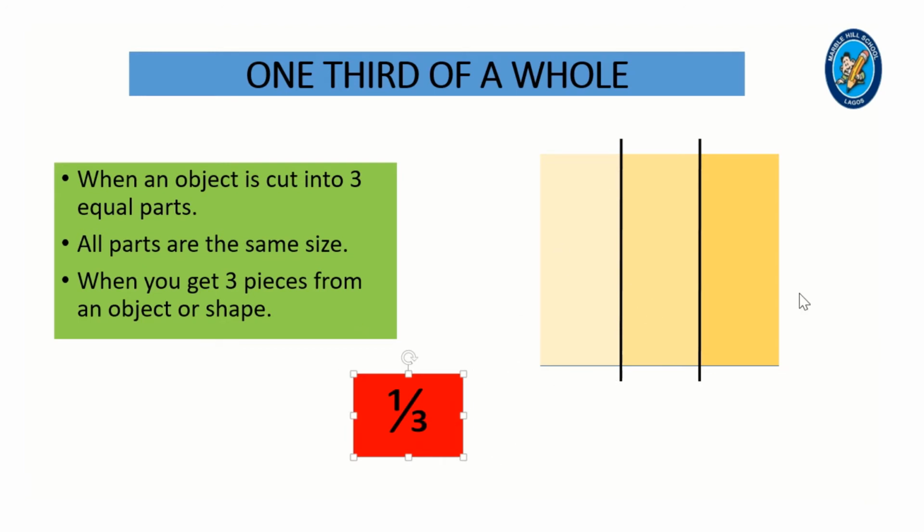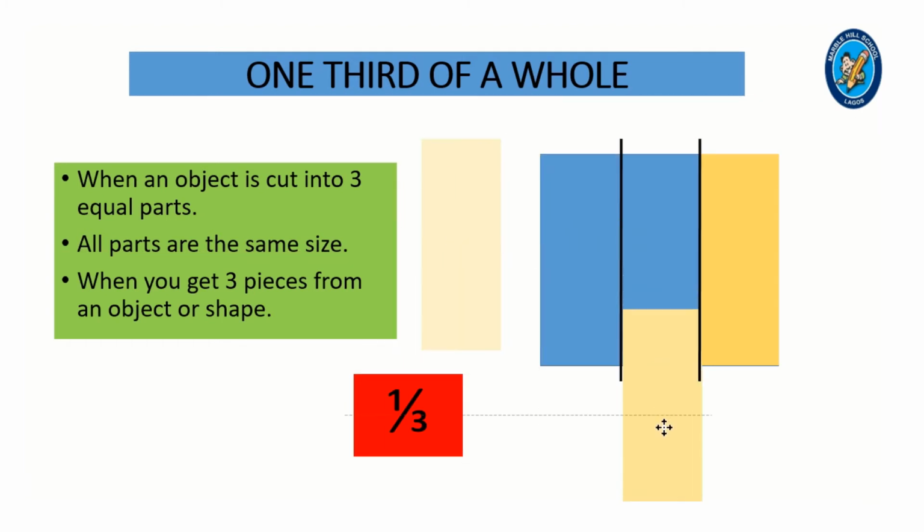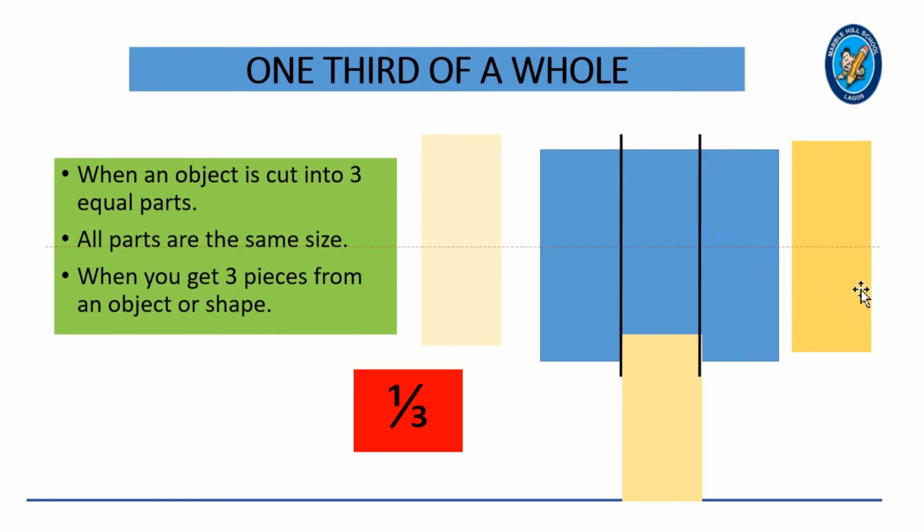And I'm going to show you with my shape, just like how I did with the half fraction. So this is a square, and I have used the black lines to divide it into 3 equal parts. 1, 2, 3. And all 3 pieces are the same size. And we have come out of 1 square.